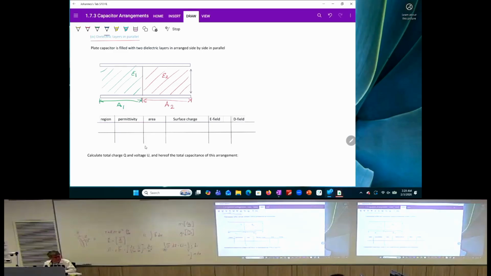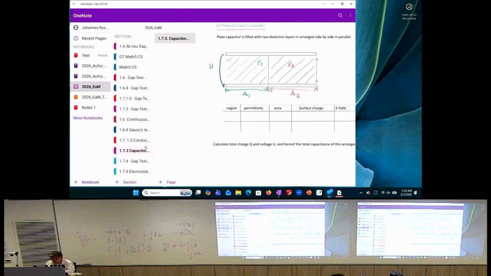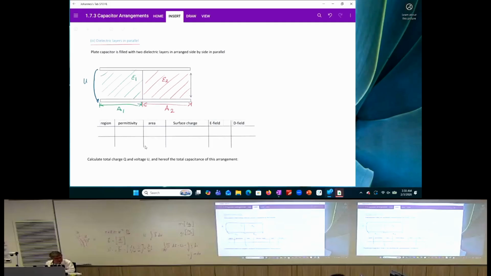Now we put a voltage between these two plates, the two electrodes, and we can basically separate this plate into two regions. The one region with the area A1 filled with the material epsilon 1 is the region 1, and the other one is here the region 2.